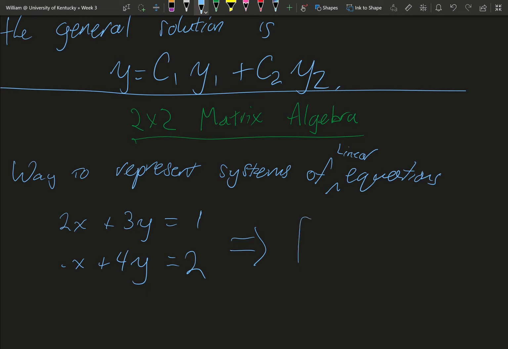So if we make sure that the variables are lined up in rows and columns, we just steal, okay, that's a 2 there, that's a negative 1 there, that's a 3 there, that's a 4 there. The first column are the x coefficients, so we write an x here. The second column are the y coefficients, so we put a y there. And then we have our 1 and our 2.